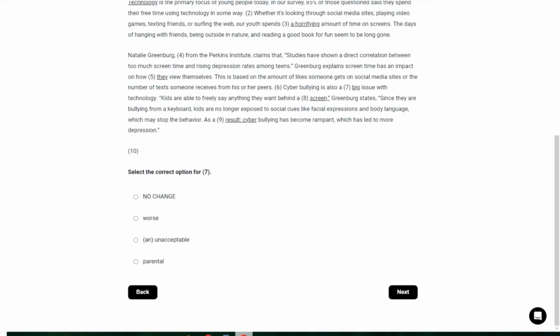The next choice would be worse. So cyberbullying is also a worse issue with technology. That wouldn't make much sense because we're not arguing that the rising depression is more important than the cyberbullying. We're just saying that they're both big issues that relate to technology. So that one would not be the correct choice there. For C, cyberbullying is also an unacceptable issue with technology.